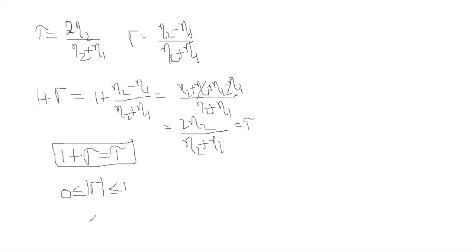This is another relation, which we will discuss later. What happens when the magnitude of gamma is equal to 0, and when the magnitude of gamma is equal to 1, in terms of the standing wave ratio? The standing wave ratio varies from 1 to infinity actually.